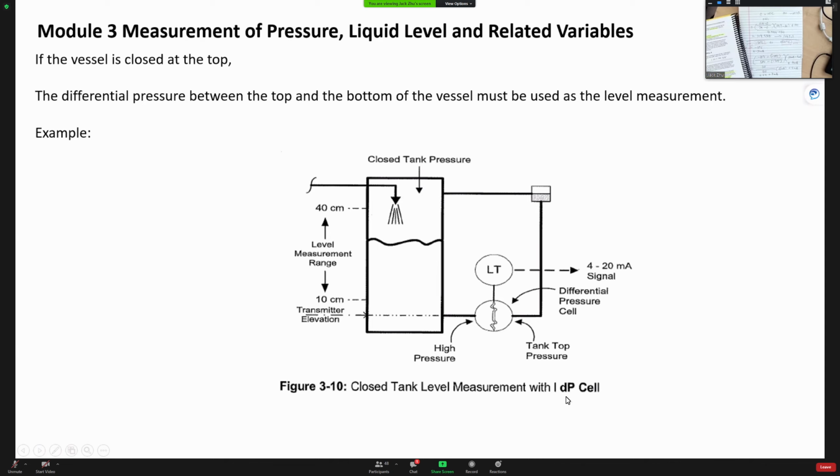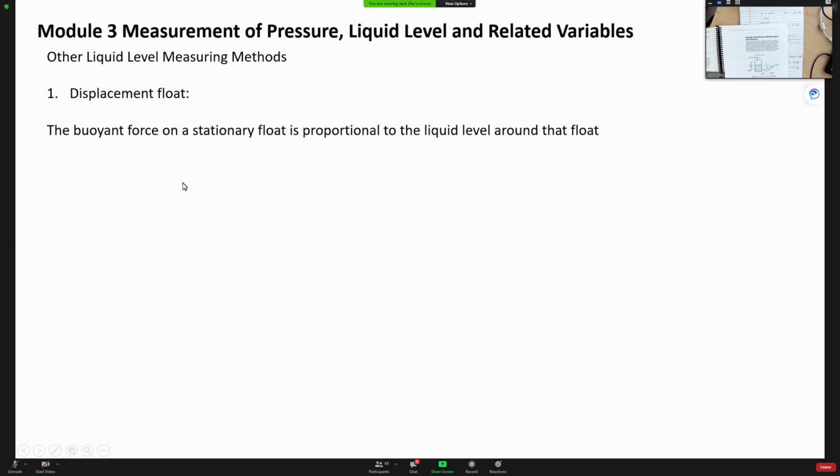I think they also have a name called a DP cell, differential pressure cell. Yeah, differential pressure cell. This is the one we're talking about.